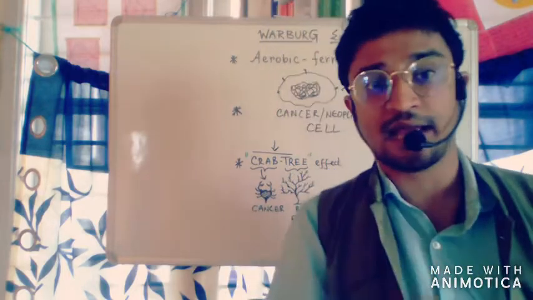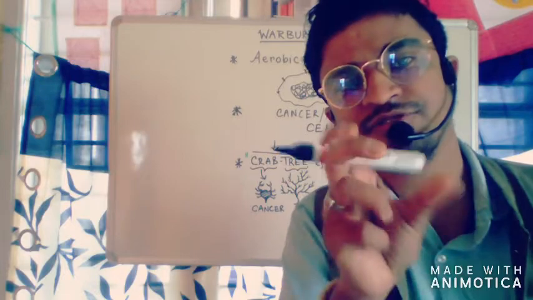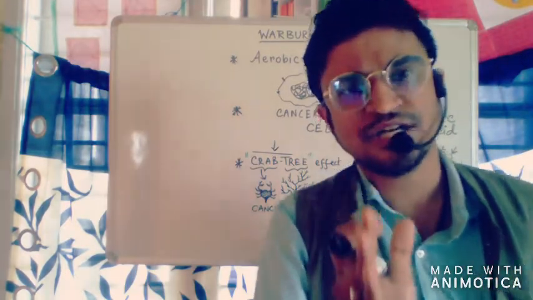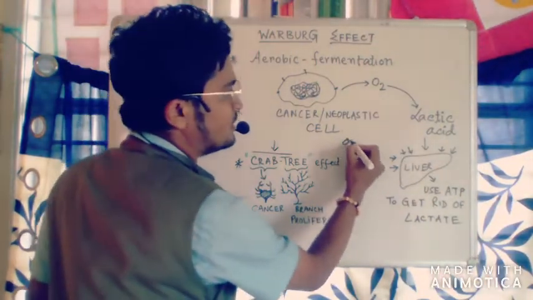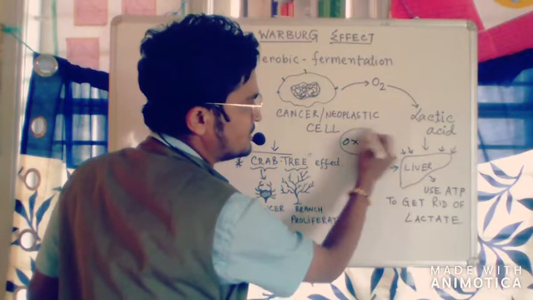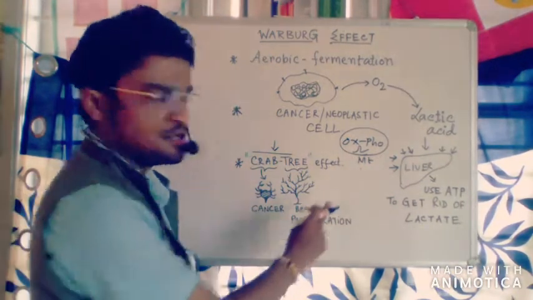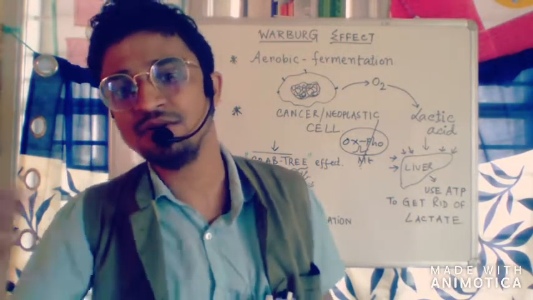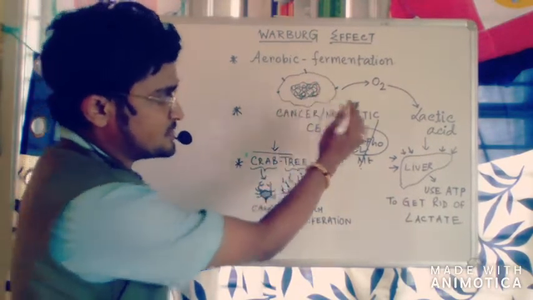That means when there is a cancer, other than the genetic mutation, the mitochondria of the cell first get insulted and damaged. Due to the partial damage of the mitochondria, there is no chance for the OXPHOS pathway to proceed. So if there is a damage in the mitochondria, the cell definitely moves towards fermentation in the presence of oxygen.